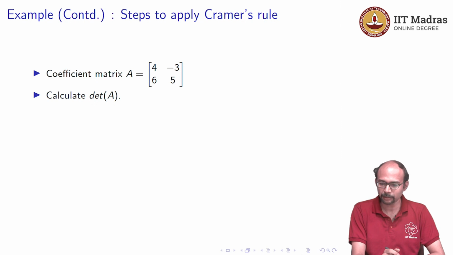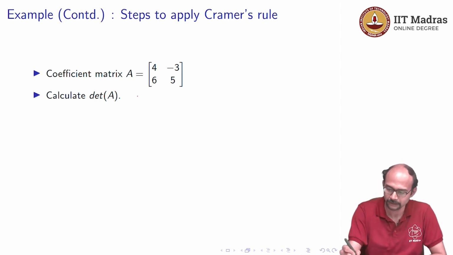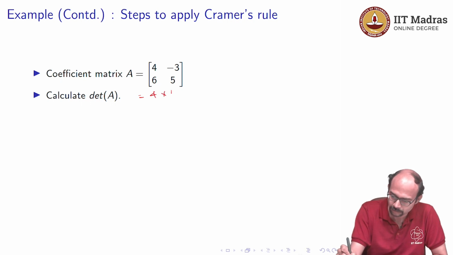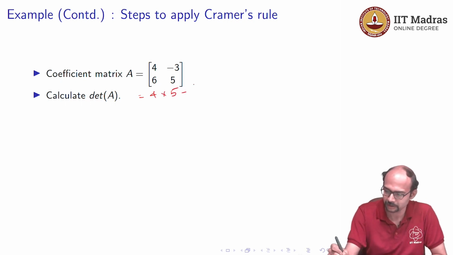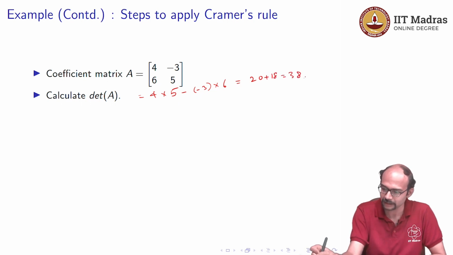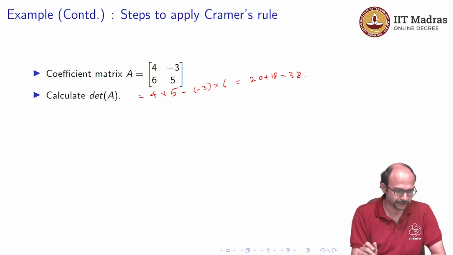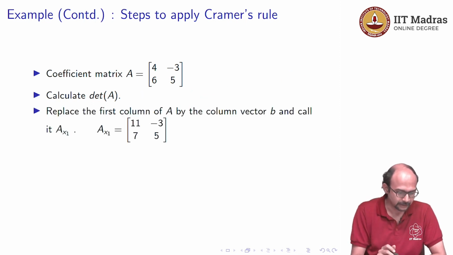Let us compute the determinant of A. So, if we do that, that is 4 times 5 minus negative 3 times 6. So, that is 20 plus 18, which is 38. Let us keep that value in mind. So, the determinant of A is 38.